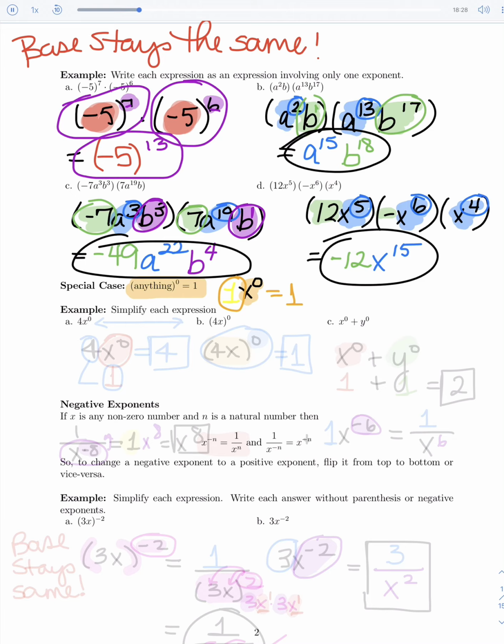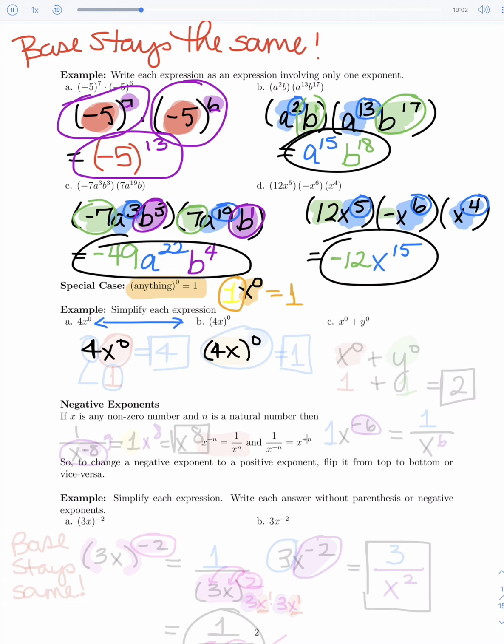So let's do a couple of examples involving this special case of something raised to the 0 power. Let's start out with the first two. Let's do these at the same time because they're similar yet very different. Notice these two, one has parentheses and one does not, and that actually does make a huge difference. In A we have 4x raised to 0, and in B we have all of 4x with parentheses around it raised to 0 as well.